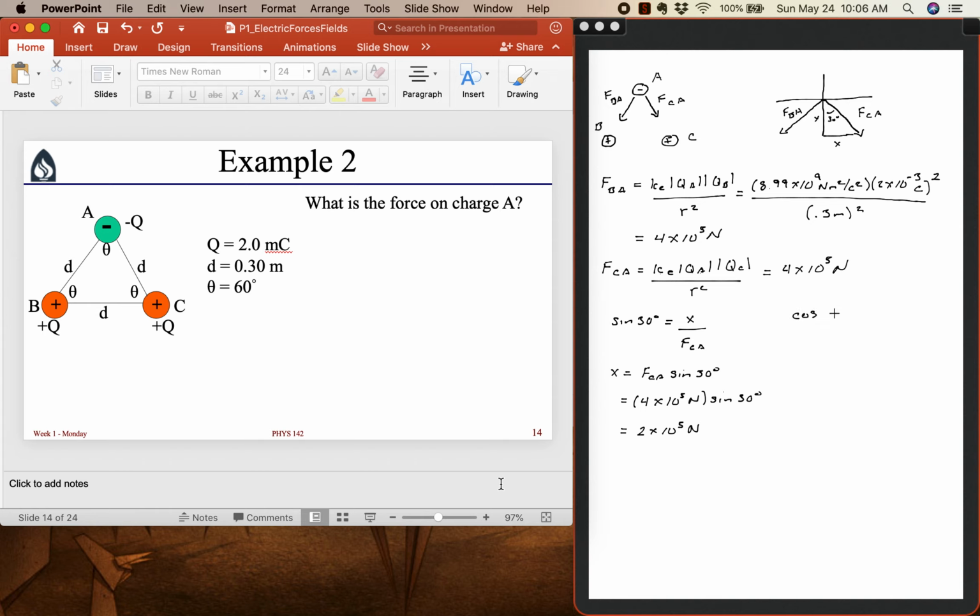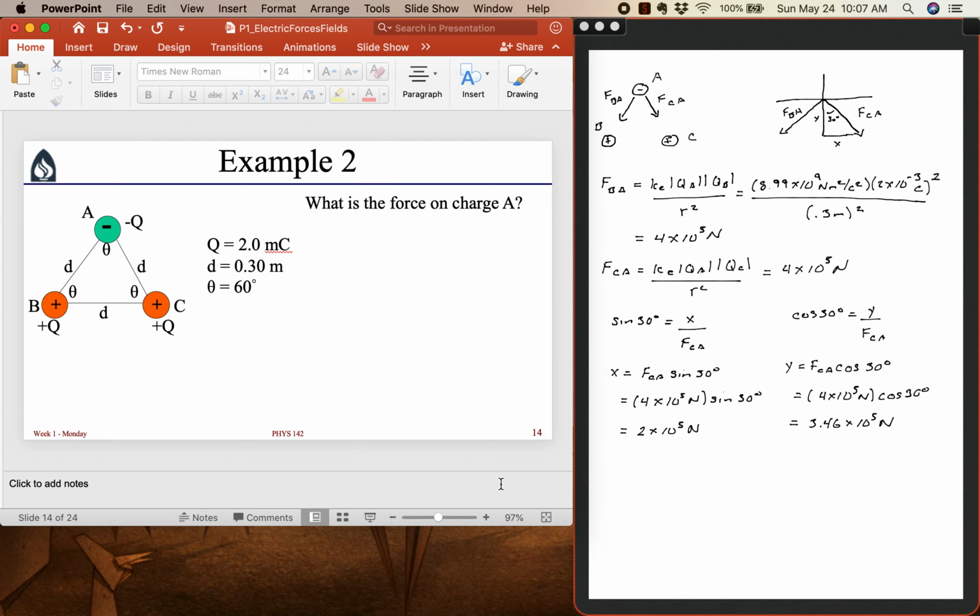The cosine of 30 degrees is going to be equal to that y component over the hypotenuse, the force of C on A. So that means the y component would be FCA cosine of 30 degrees, which is 4 times 10 to the 5th newtons times the cosine of 30, and that gives me an amount of 3.46 times 10 to the 5th newtons.